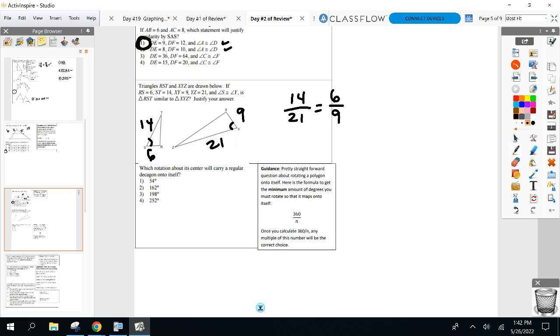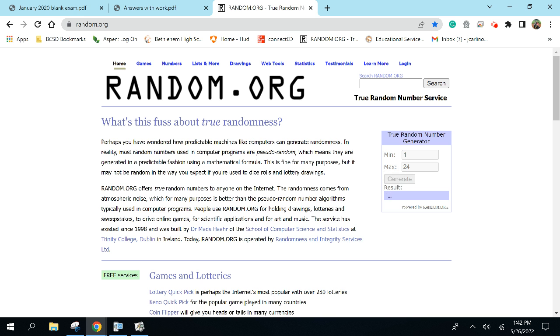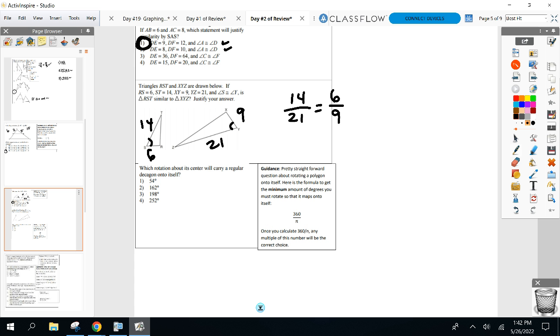Are they in the same ratio, those sides? They are, yep. How do you guys figure out, by the way, if they're in the same ratio? Not a lot of people know that.